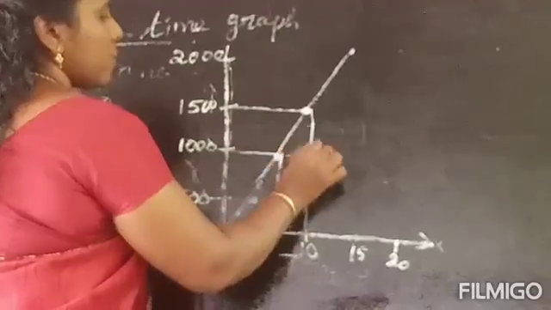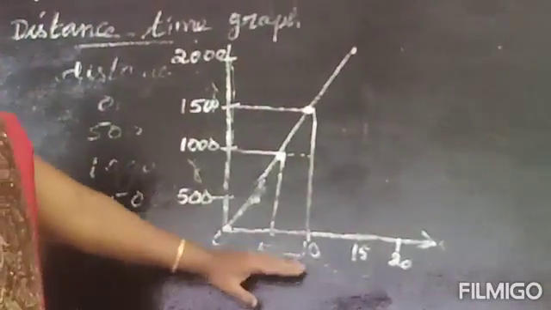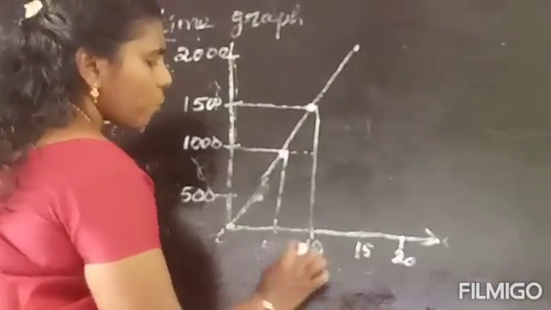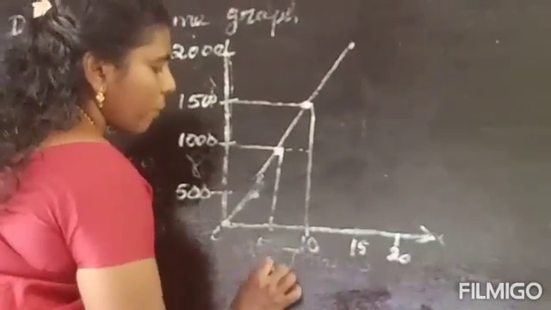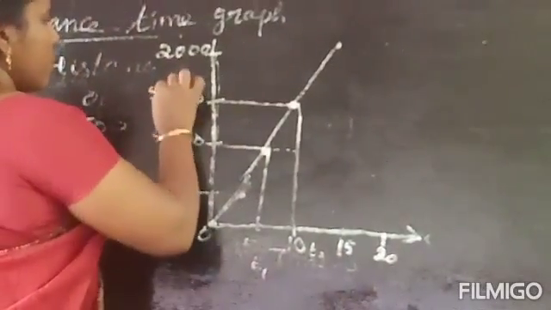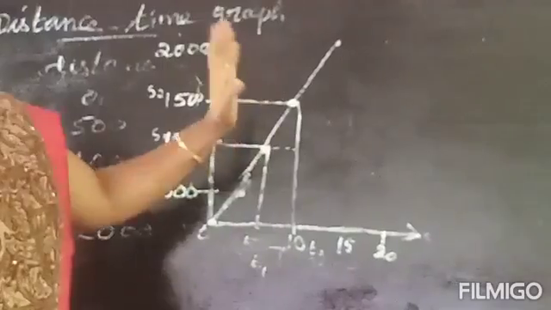See this time and this distance. First we get the times 5 and 10, so we call them T1, T2, and here S1, S2. So how will we find the speed?